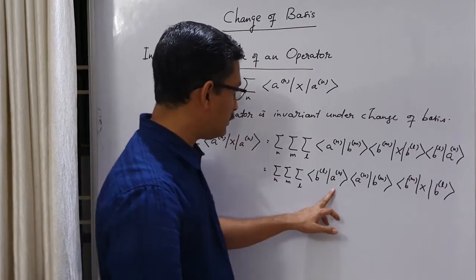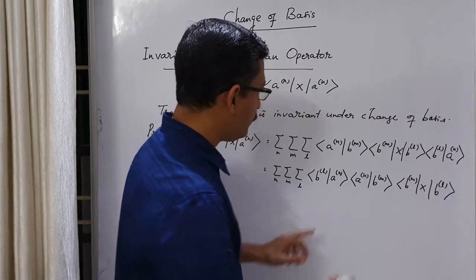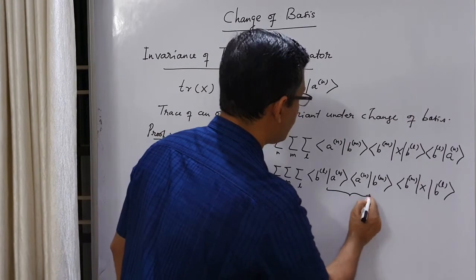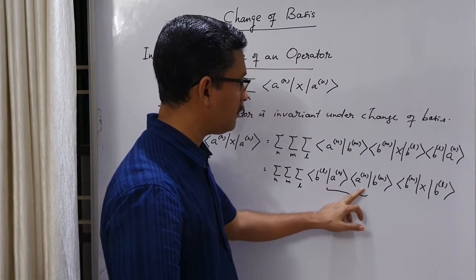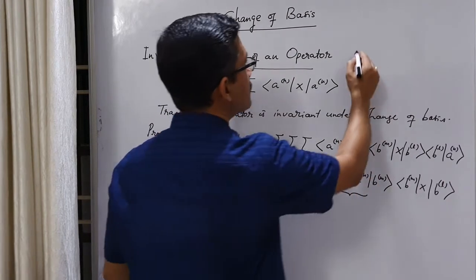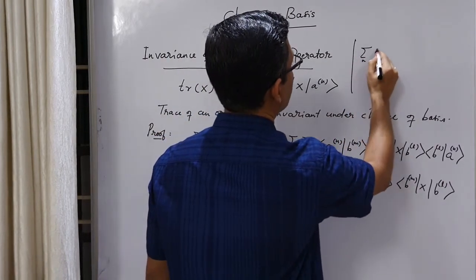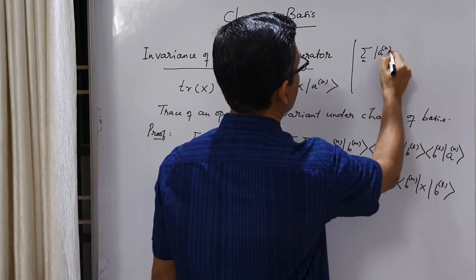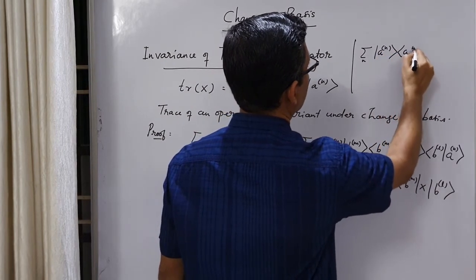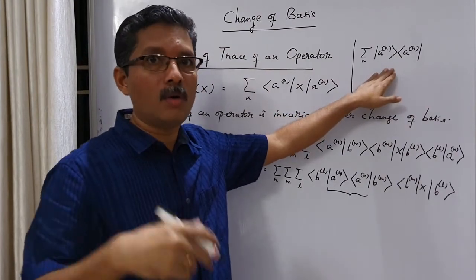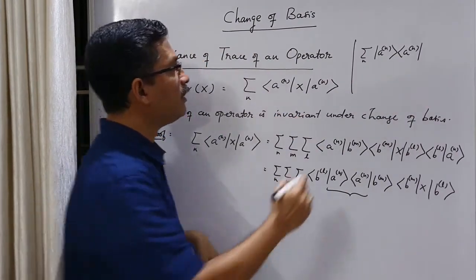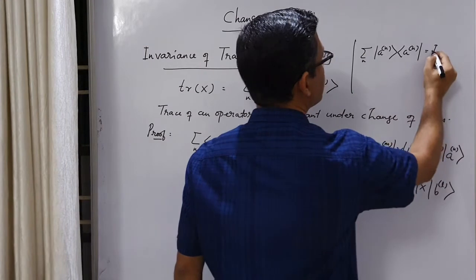Now here, look at this one. You have a summation over n here, and you have a ket an bra vector an. This summation over n of ket an bra vector an is the completeness condition of the old basis, and this must be equal to identity.